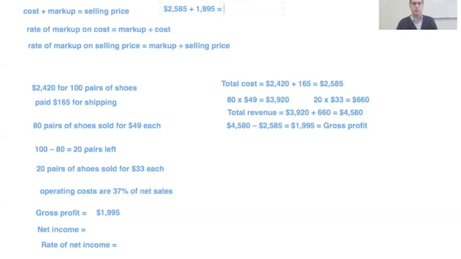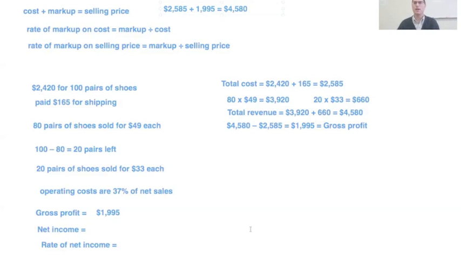If we go 2,585 plus 1,995, we get 4,580, which is the total revenue. So total revenue is the same thing as the selling price. Markup is the same thing as the gross profit, and the cost is the cost. That is what it is.